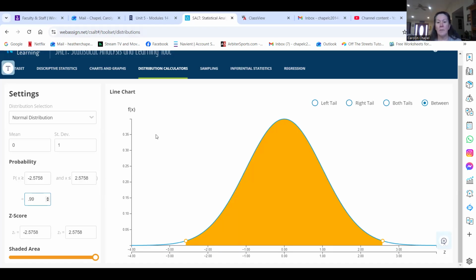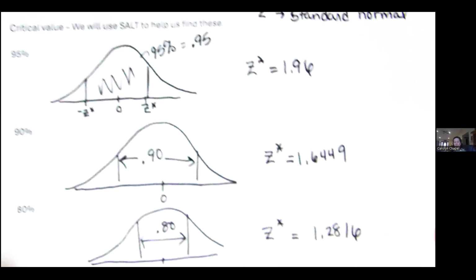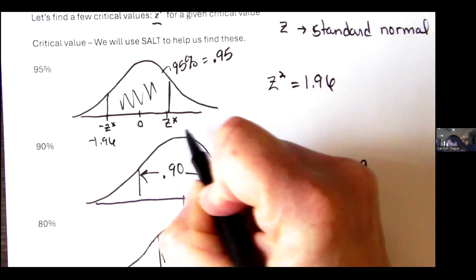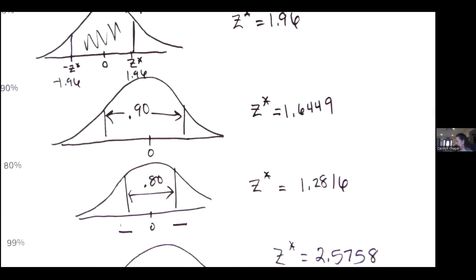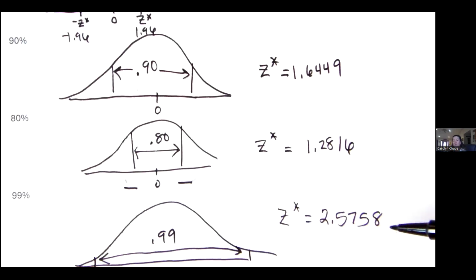So going back to our notes here, let me revamp what I just did. So my z-star, this would have been a negative 1.96 to 1.96. Those are like z-scores, a negative 1.6449 to 1.6449. We usually just have the positive value because we will use the plus or minus in our formulas.